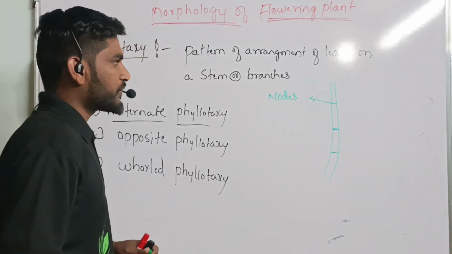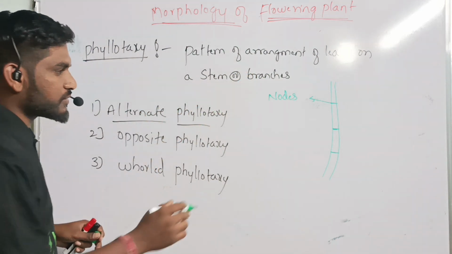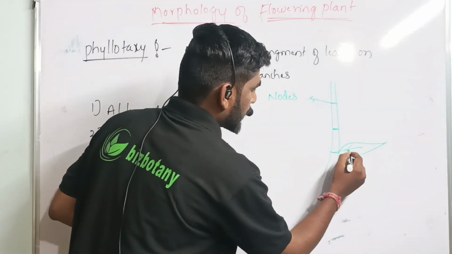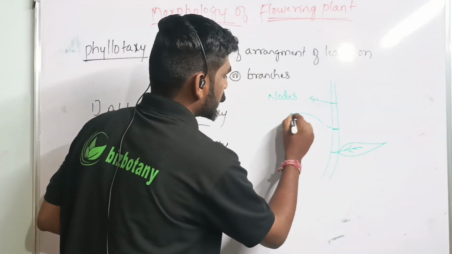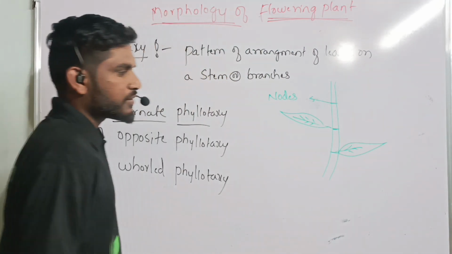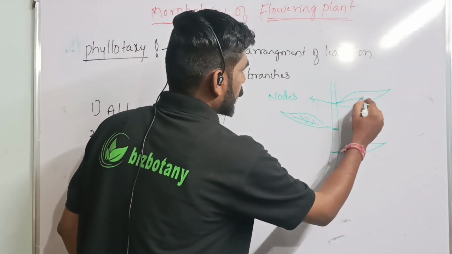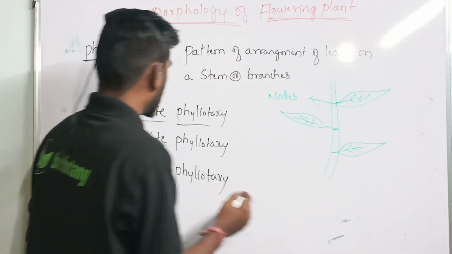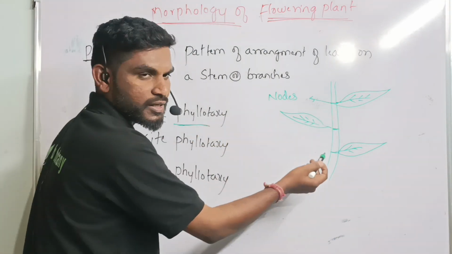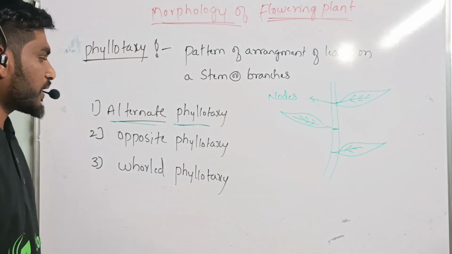If the leaves are arranged in an alternate manner, here you can see one leaf, another one is present here in an alternate manner. Such type of arrangement of leaves on a stem, we call alternate phyllotaxy.